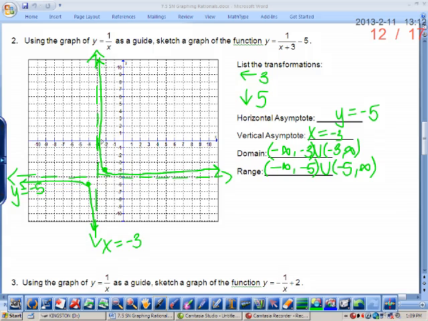Does this graph have a y-intercept? Yes. What is a y-intercept? Where it crosses the y-axis, okay? If I asked you, hey, go find the y-intercept, what would you do? Good, you plug in 0 for x.